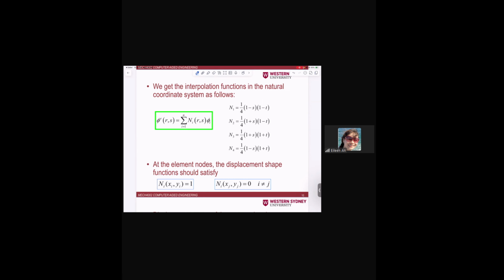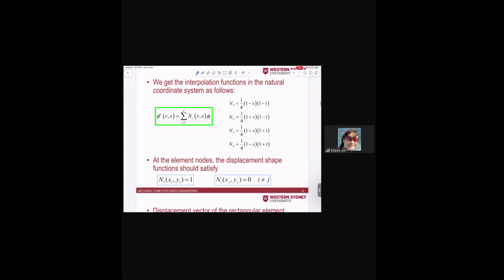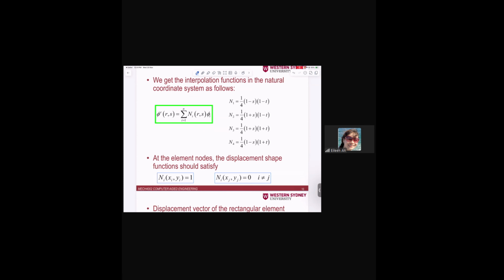Sometimes we have to deal with a lot of shape function matrix, shape functions calculation. Actually, we need to understand some basic behaviors of the shape functions. Look, we have those shape functions N1, N2, N3, and N4. First of all, for any kind of element, the number of shape functions equals the number of nodes in the element.